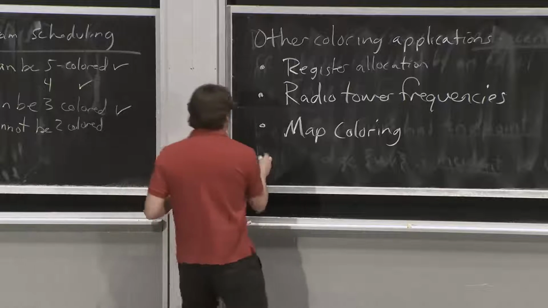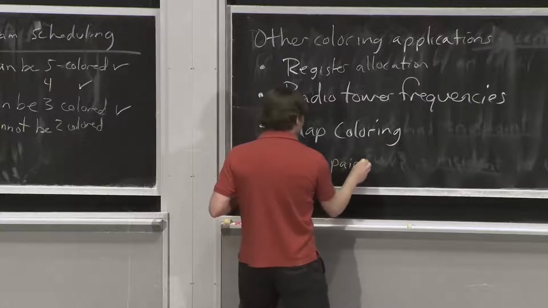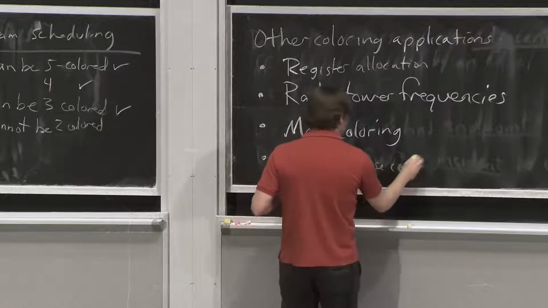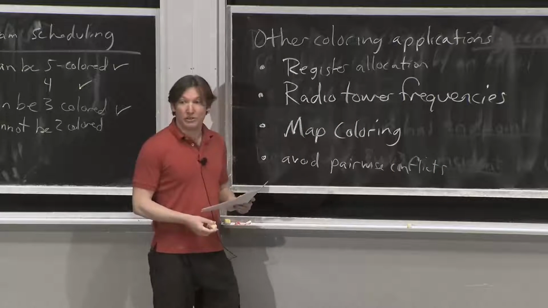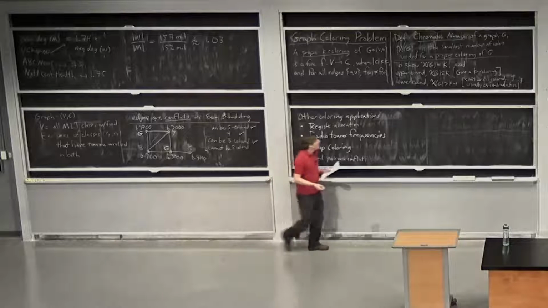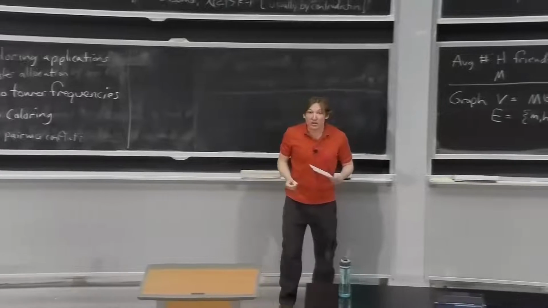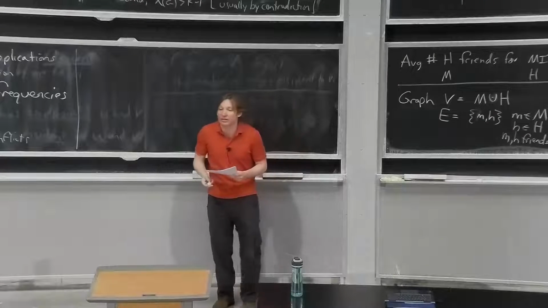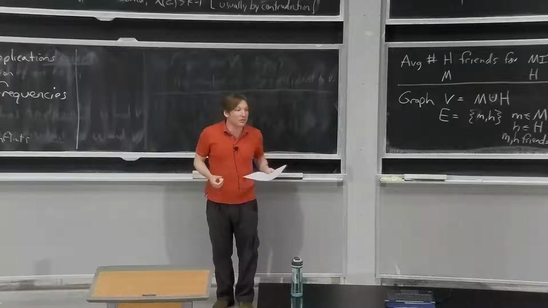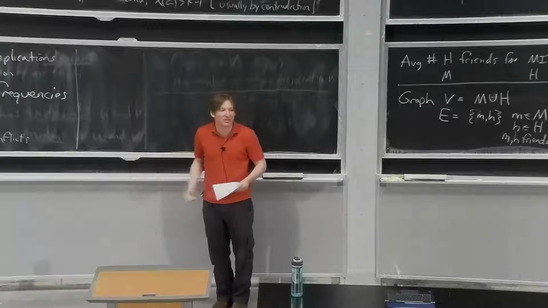In general, anytime you're trying to avoid pairwise conflicts, graph coloring is a great tool to reach for. Because it's such a great tool to reach for in many contexts, wouldn't it be great if there was a really fast, simple algorithm that says, here's a graph, here's a target number of colors, please give me a proper coloring that uses this number of colors.